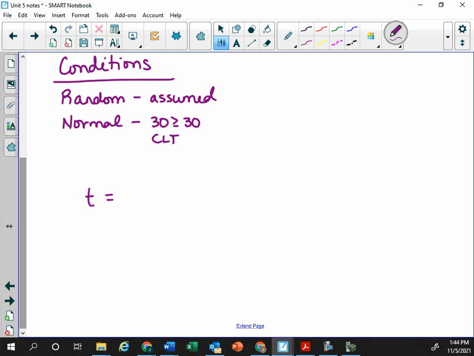And you guys can see it on your sheet there. It's x bar minus mu over s over the square root of n. Now you do not have to fill in this formula by hand, but it's always a part of the grading rubric: did they write the formula?